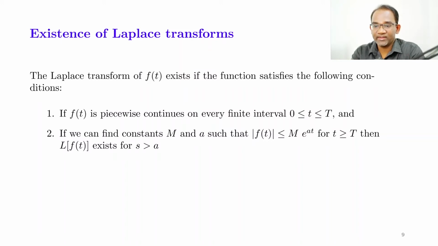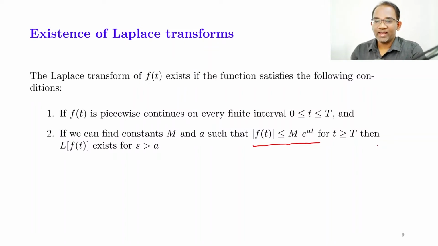The first condition is that f(t) has to be a piecewise continuous function on every finite interval of t between 0 and capital T. The second condition is that we should be able to find constants M and a such that |f(t)| ≤ M e^(at) for t ≥ T.